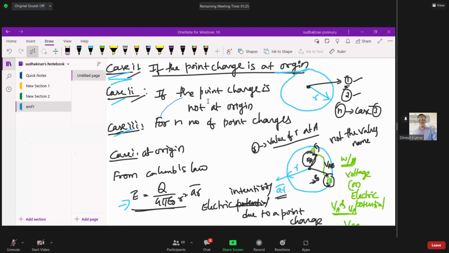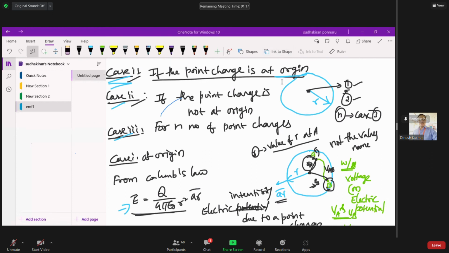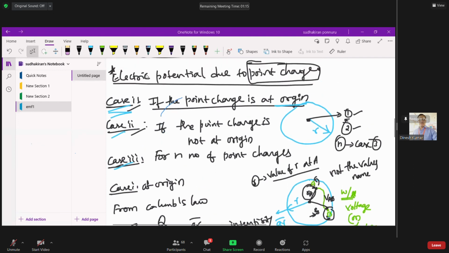Those two derivations are also very important with respect to electric potential. You can expect any of these as an essay type question in your external examination, that is today's topic, electric potential due to point charge, and tomorrow's session, electric dipole as well as torque due to dipole. Okay, those things we will see in the next session. Thank you all for today.